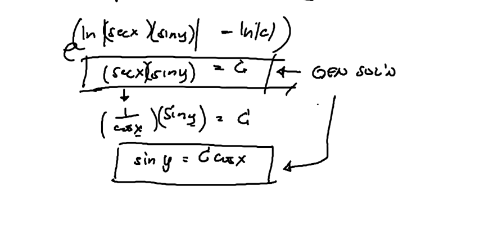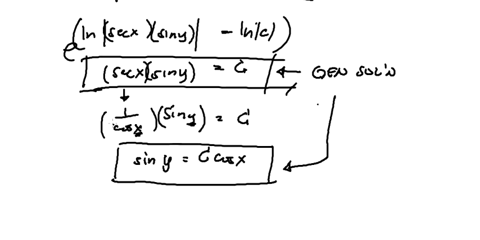Once again, we cannot combine this sine y all over cosine x, which is equal to some tangent xy or something like that. We cannot do that because their angles are not the same. This cosine is in terms of x and this sine is in terms of y.